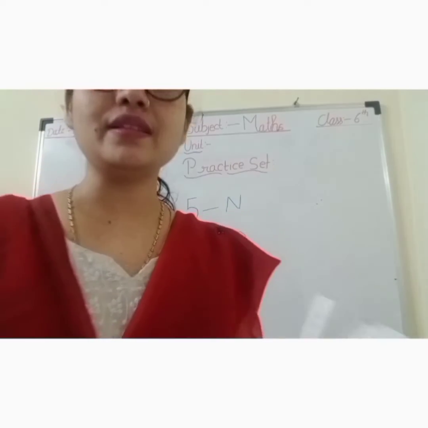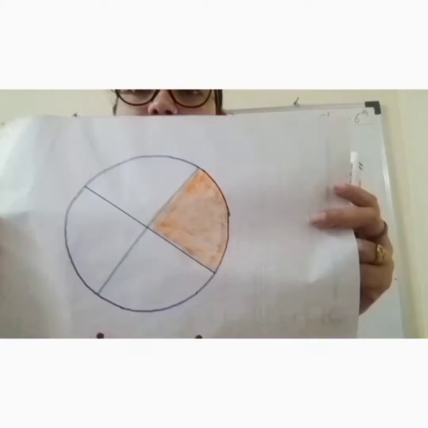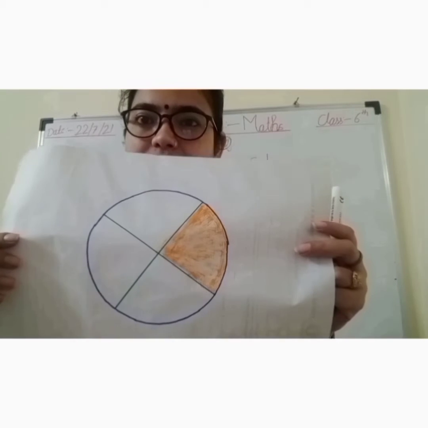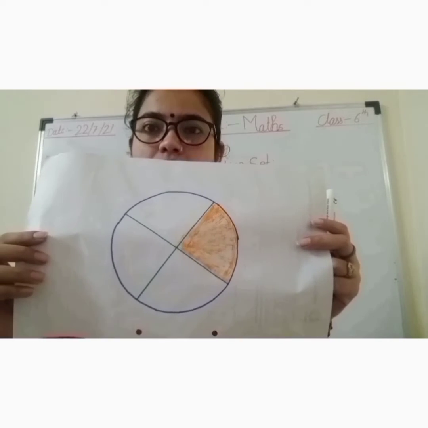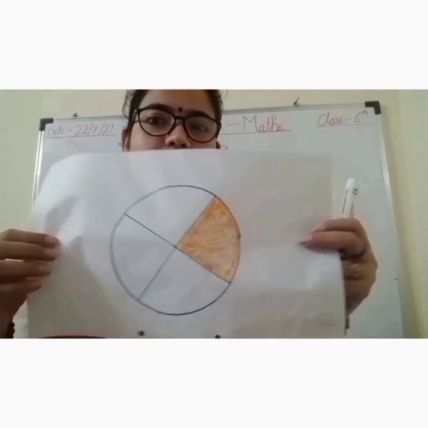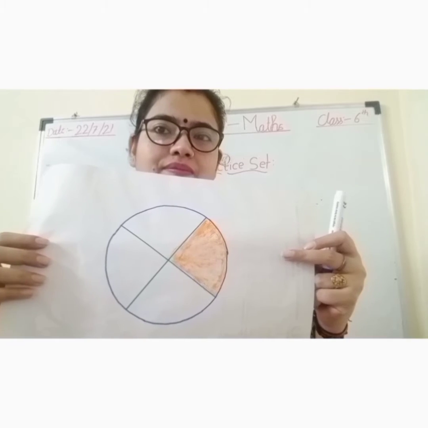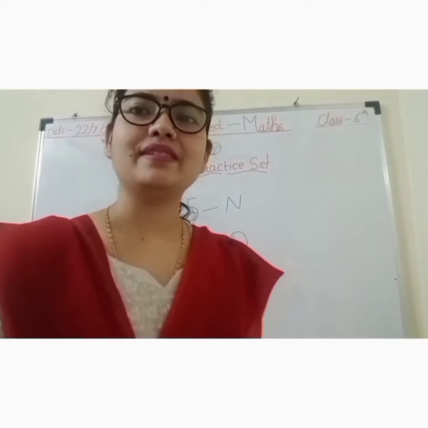See this, students. If I ask for the fraction of the shaded region, as you know, part of whole, what will be the fraction of this orange region? Think, students. I hope you all have written it in your notebook.